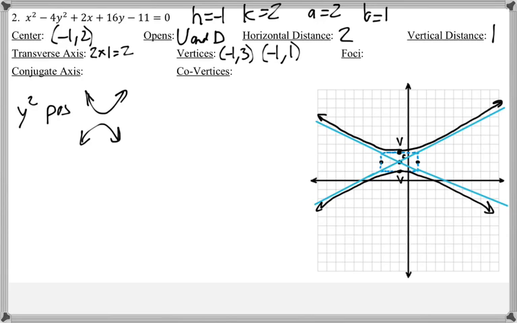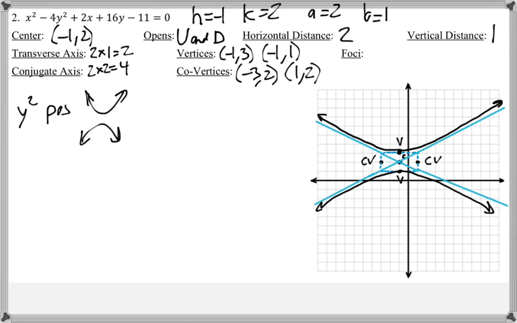So the conjugate axis is horizontal, and that has a length of 4. So these would be the covertices, and that would be -3, 2, and 1, 2.